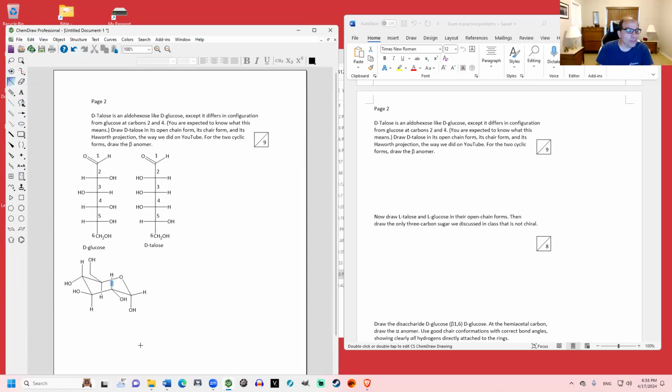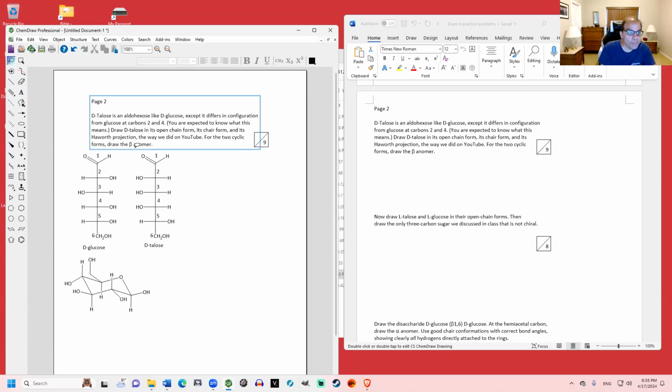So there's glucose. It says to draw the beta anomer, and I believe I have here the alpha anomer. The beta anomer would have the OH group pointing up. That's better. So there's glucose.